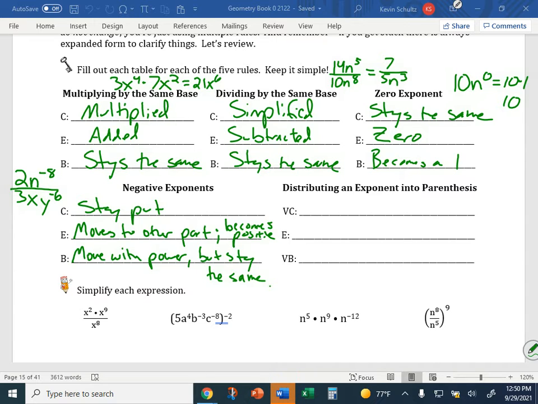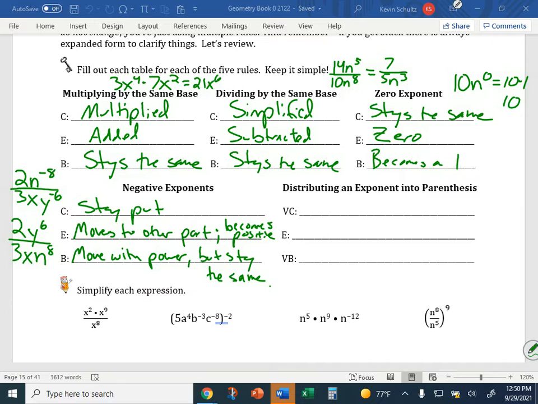You don't. The base doesn't change. The power becomes positive. The base stays the same. So for this one to be simplified, our 2 being a coefficient would stay put. Our y to the negative 6th would move up to the top, becoming y to the positive 6th. Our 3 would stay put. Our x would stay put because that's got a positive power, so it does not need to be moved. And then n to the positive 8th, once it moves down, that would be our final answer.